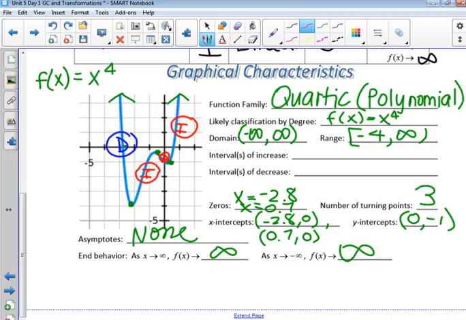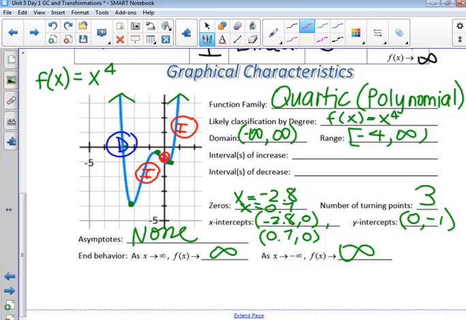Next step. Intervals of increase and decrease are the x values. So everywhere where I stop, I want to label the x values so that it's very easy to just figure it out. Okay? Who can tell me what the x value is for this point? Beatrice said it's approximately -2.